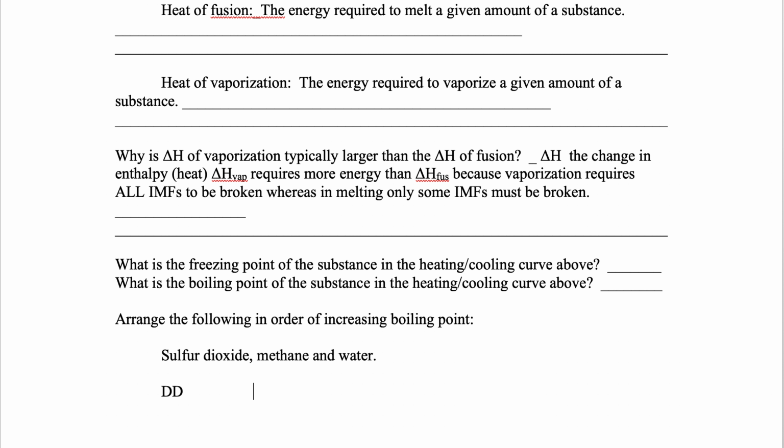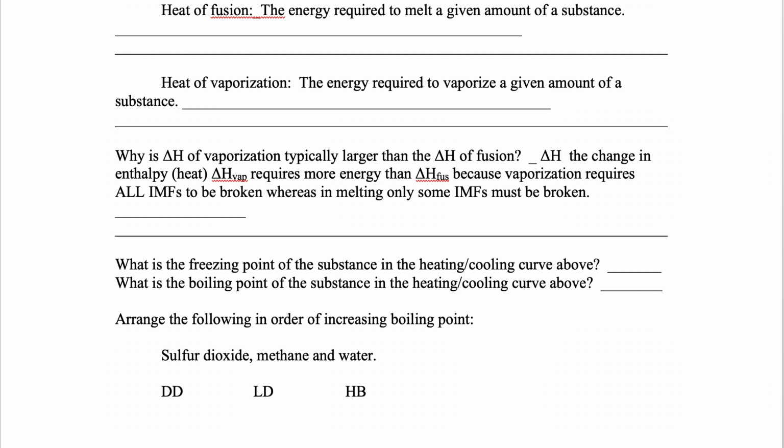That's tetrahedral. It's symmetrical. And not only is it symmetrical, the carbon-hydrogen bonds themselves are non-polar. So there are London dispersion forces only. There are London dispersion forces in sulfur dioxide, but the dominant IMF in sulfur dioxide is dipole-dipole. Water, on the other hand, is hydrogen bonding.